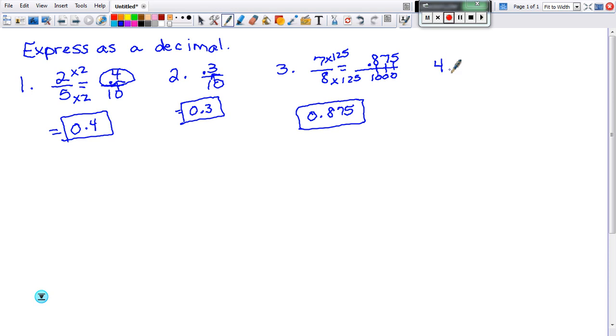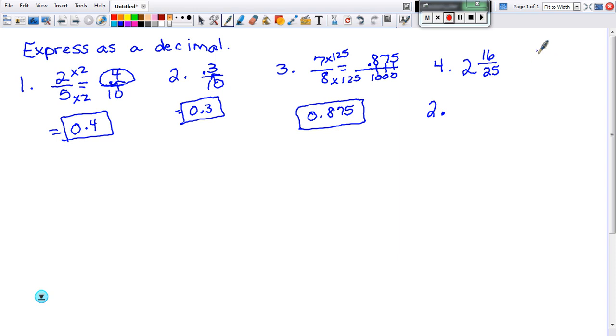Number 4, 2 and 16/25. Now you do not have to make this into an improper fraction in order to write it as a decimal, because any numbers out front of your fraction go out front of your decimal in your answer. So this is going to be an answer of 2 point something.